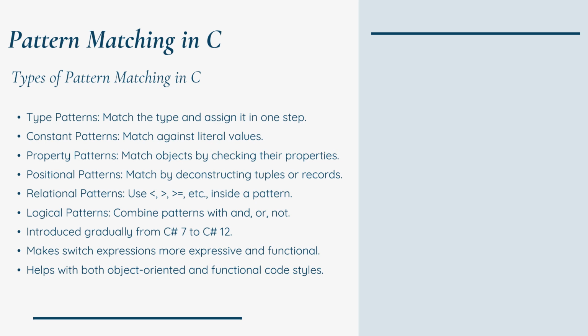And you can use patterns to match based on types, constants, properties, positions, and logical expressions like when clauses. And this helps in writing shorter, cleaner, more readable code. It works great in both object-oriented and functional styles.